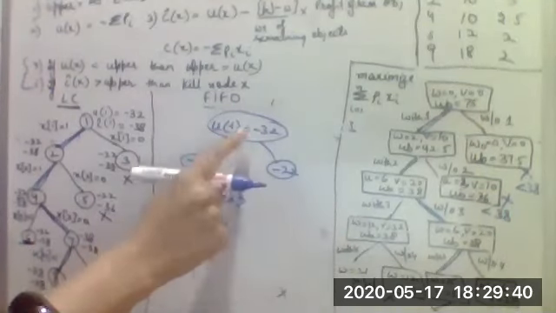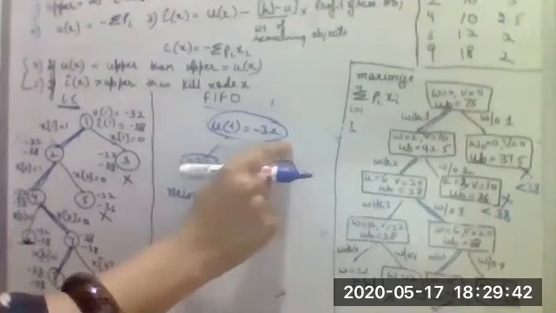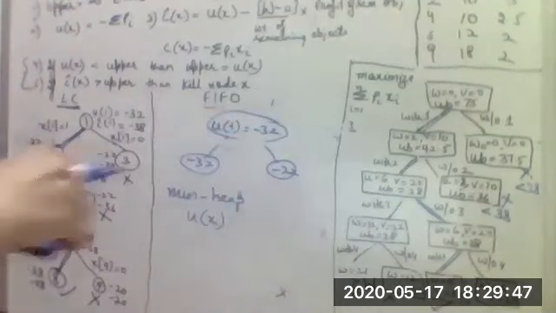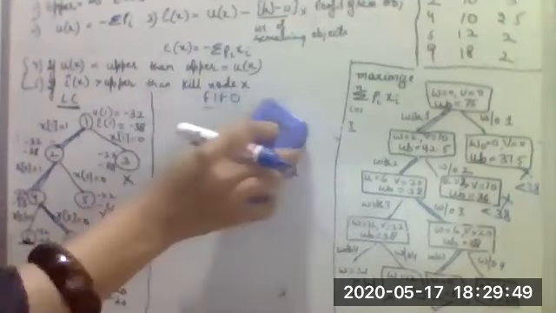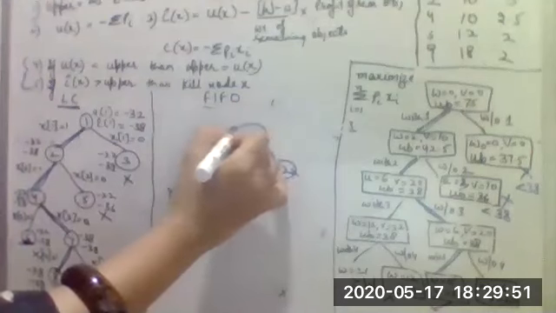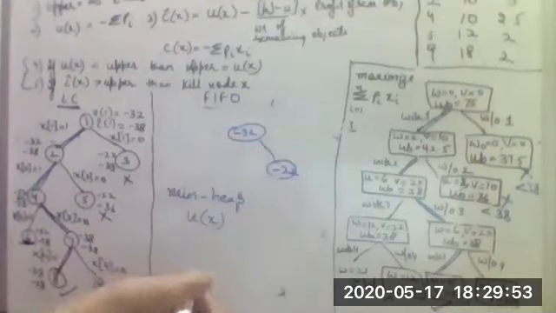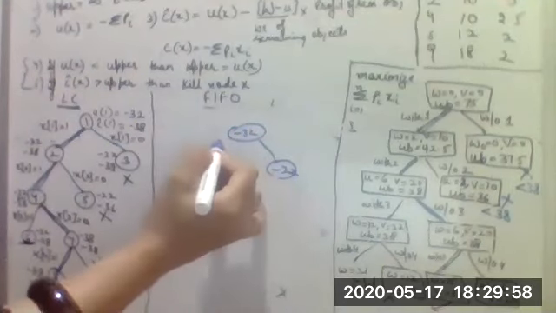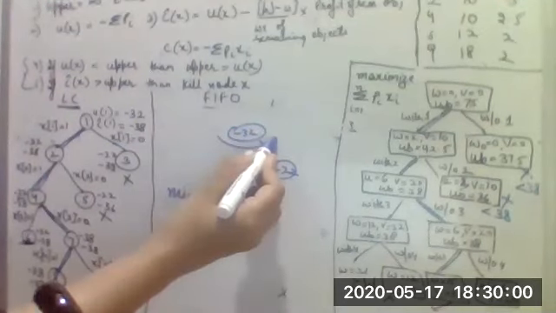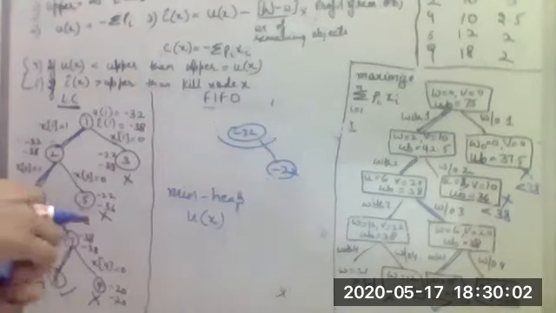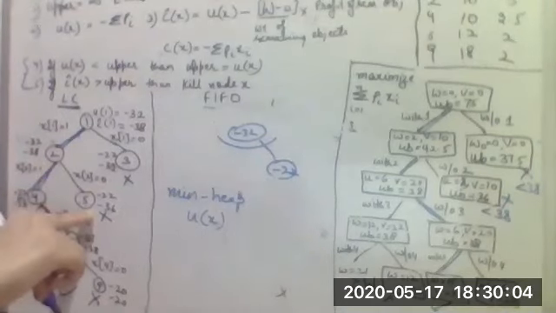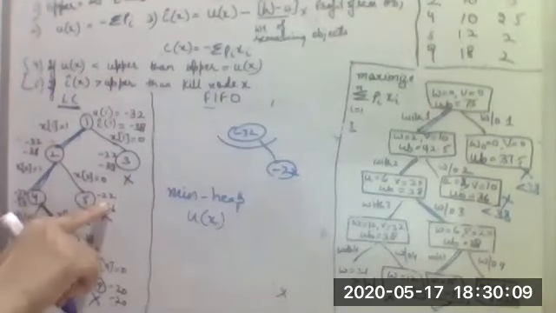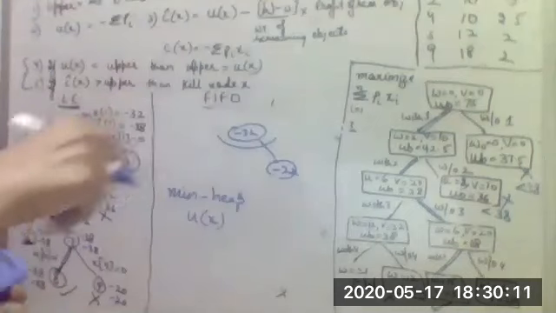You have deleted this, and whichever is the minimum one out of these two comes to the root. That is the min heap property. So this will become minus 32. And from here, it will take this, delete it from the root and generate the other two nodes. For the other two nodes, you have minus 32 and minus 22. So that will get added.